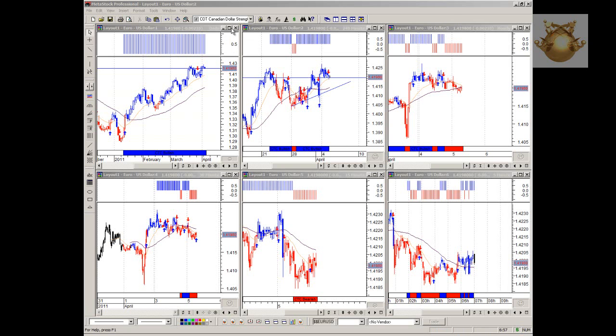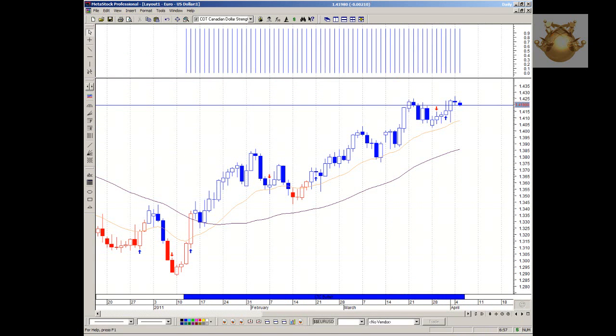Just looking at the Euro-US dollar on our CTC strategy templates, and you'll notice that the trend is up, trading above the 20 period moving average as well as the 50, and we saw a test of a previous high at 1.4500.